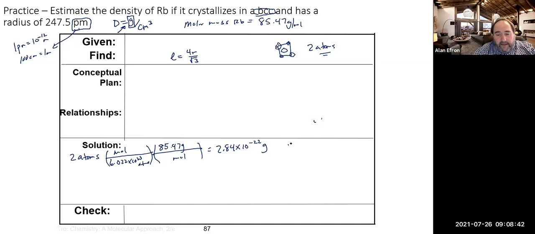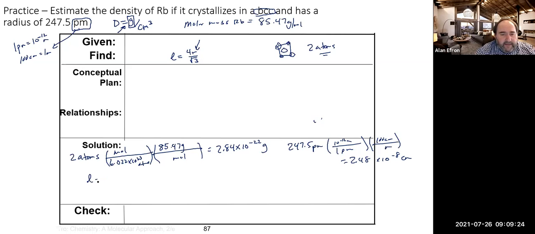Taking 247.5 picometers, with 1 picometer being 10 to the minus 12 meters and 100 centimeters in a meter, that's 247.5 times 10 to the minus 12 times 100, which is 2.48 times 10 to the minus 8 centimeters. So you could do the centimeter conversion right up front.